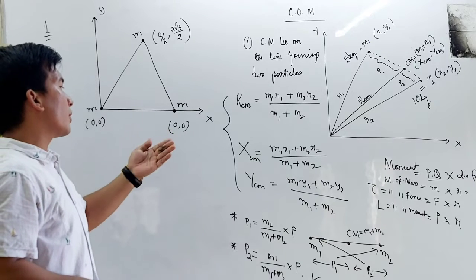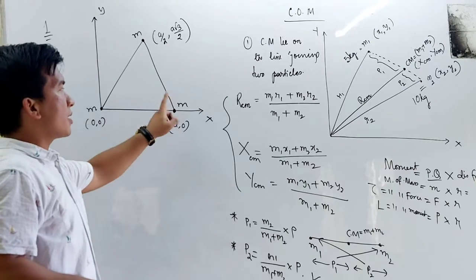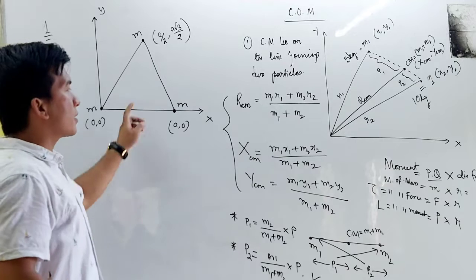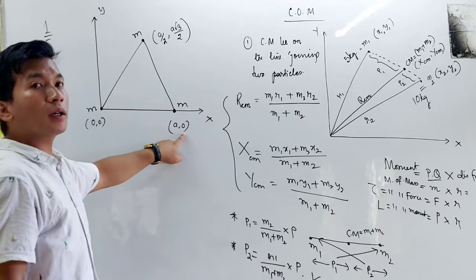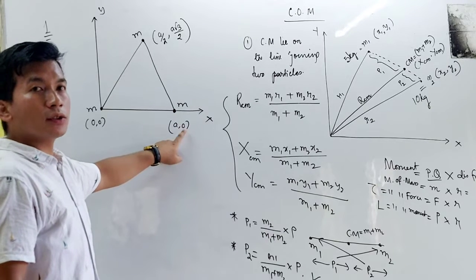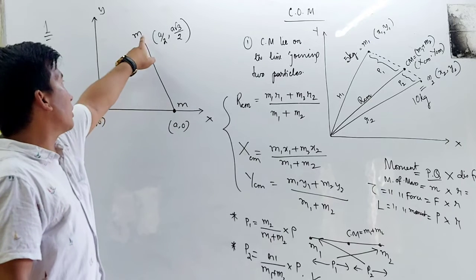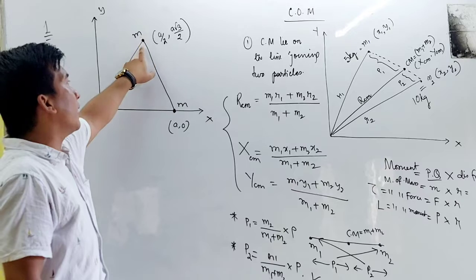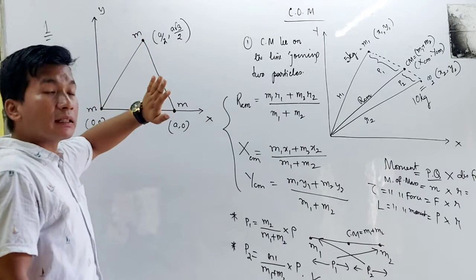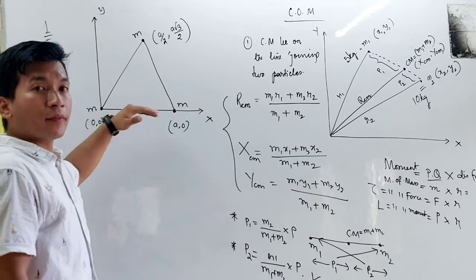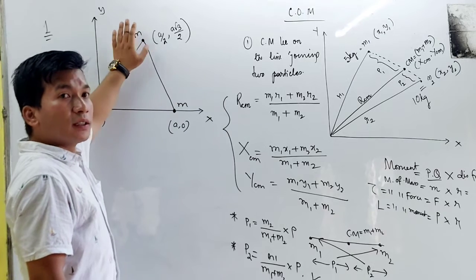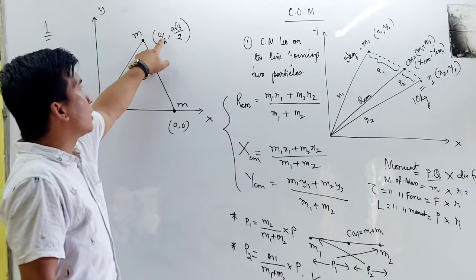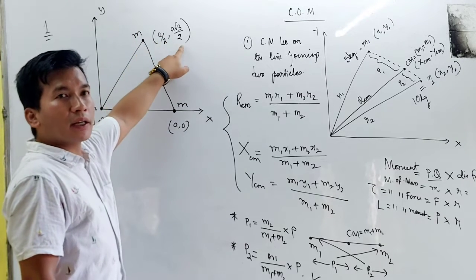Any particle on the x-axis will have only an x coordinate, and the y coordinate will be 0. The third particle M lies on the x-y plane, which means it will contain both x coordinate and y coordinate.